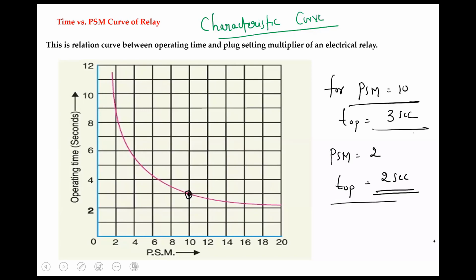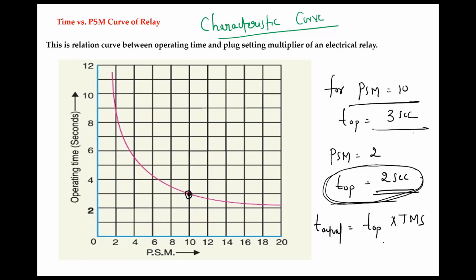To get the actual operating time of the relay, whatever operating time you have obtained from the curve, you have to multiply with the TMS value. So the actual operating time is the operating time obtained from the curve times the TMS setting. That is the concept.